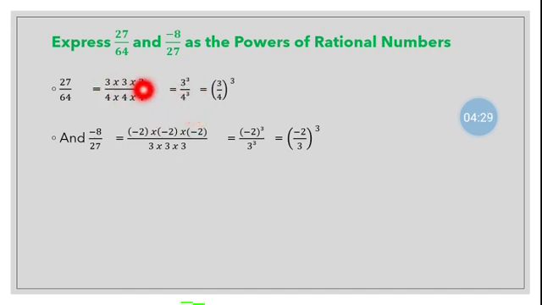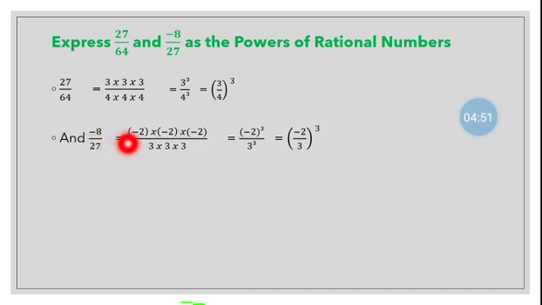Why? Because 3 is multiplied 3 times and 4 is also multiplied 3 times. So the power is 3. Now here 3 raised to the power 3 and here 4 to the power 3, so I can write 3 upon 4 the whole raised to the power 3.